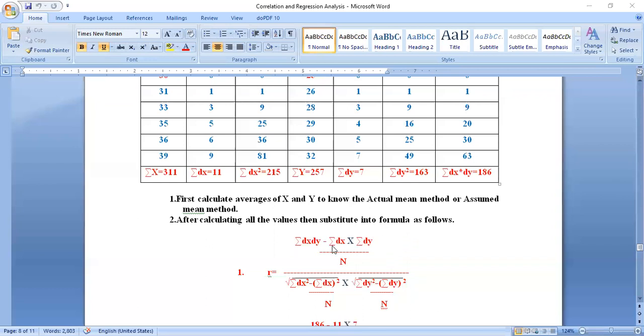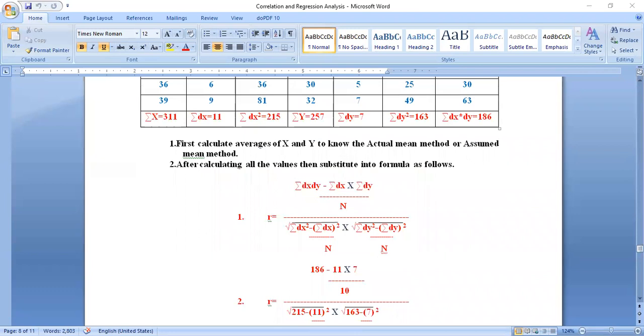Sigma dx dy value is 186. The next one is 11 into 7, where 11 is the sigma dx value and 7 is the sigma dy value, divided by 10. N stands for the total number of variables, here 10 variables.